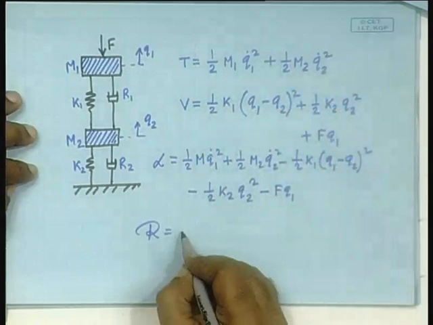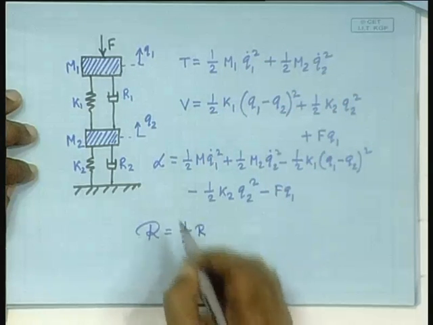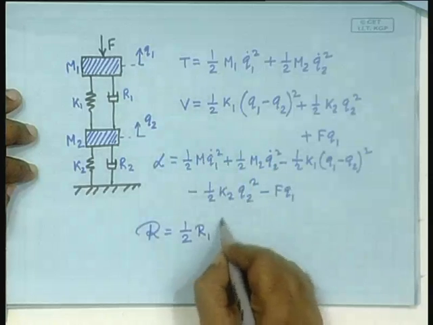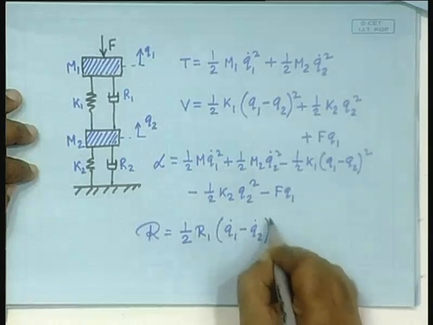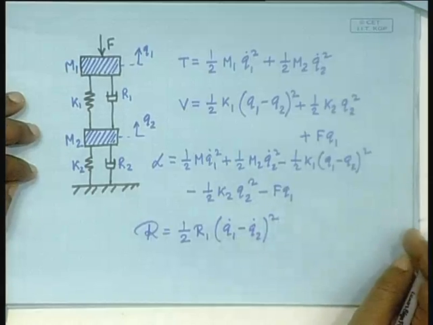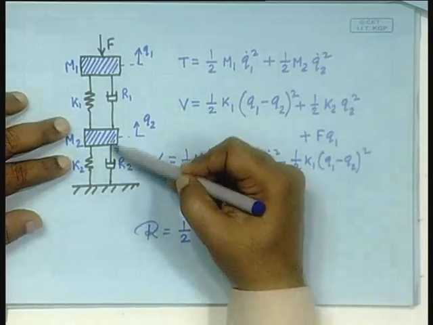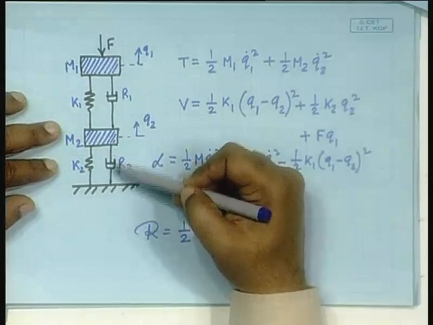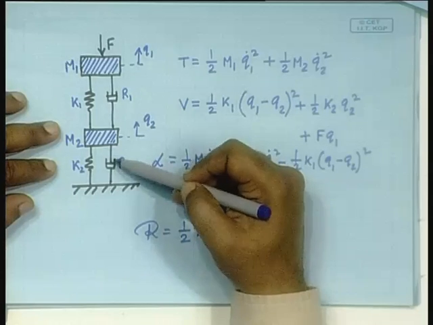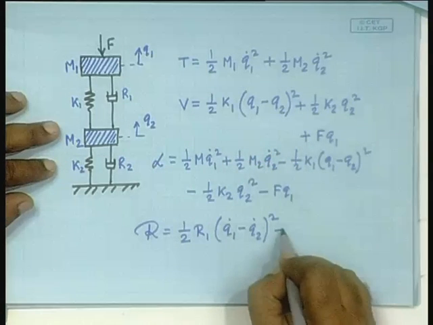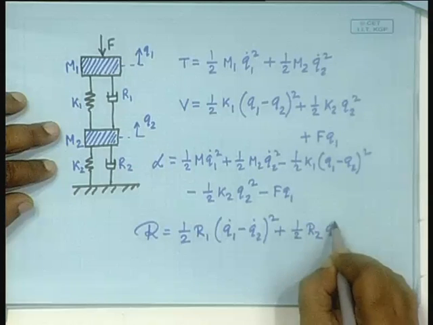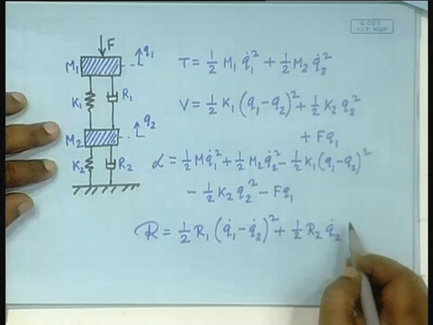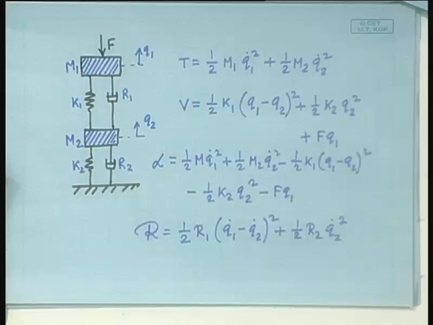So, it is half r1 (q1 dot minus q2 dot) square, and for r2 it is only q2 dot. So, it is plus half r2 q2 dot square, right.